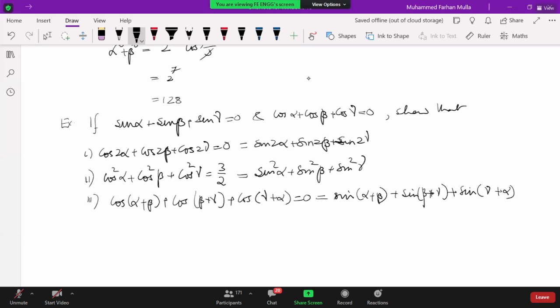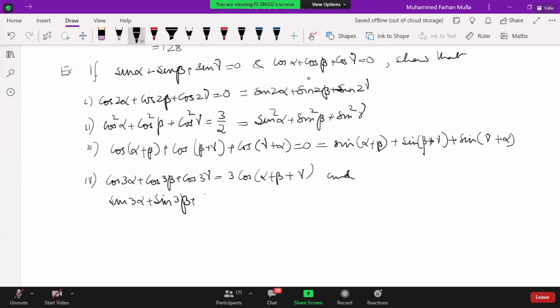And the last one is cos of 3 alpha plus cos of 3 beta plus cos of 3 gamma equal to 3 times cos of alpha plus beta plus gamma, and sin of 3 alpha plus sin of 3 beta plus sin of 3 gamma is equal to 3 times sin of alpha plus beta plus gamma.